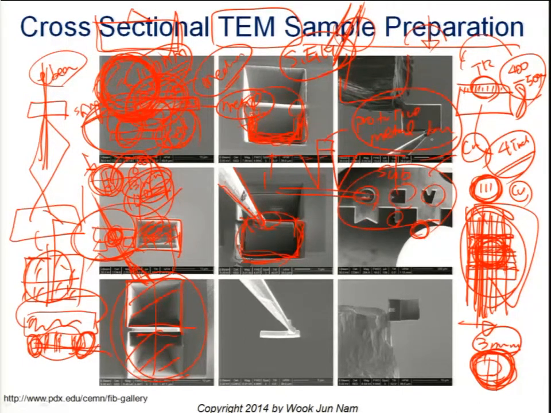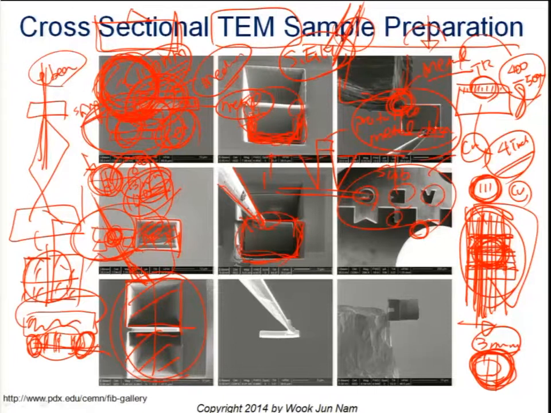And then the way of mounting this sample is simply to move the sample to that port and then deposit a metal layer between the port and the sample. And after making these connections, you just draw another rectangle over here, and then using ion beam sputtering, you can disconnect the connection between the omniprobe and the sample.